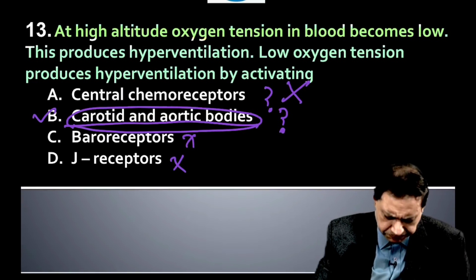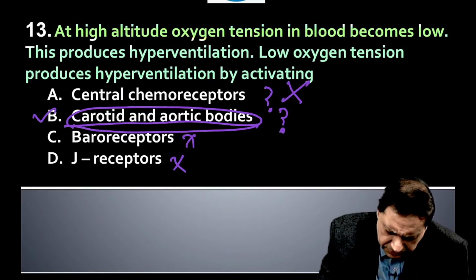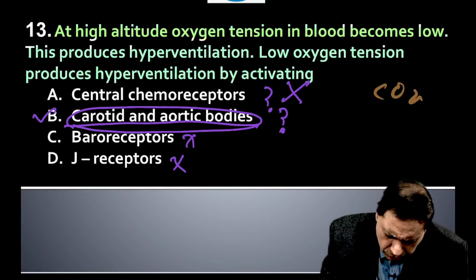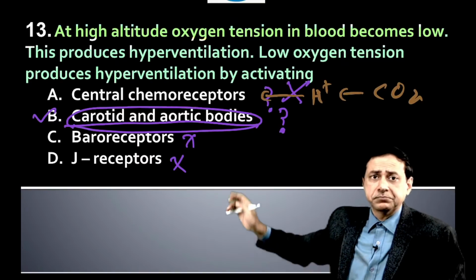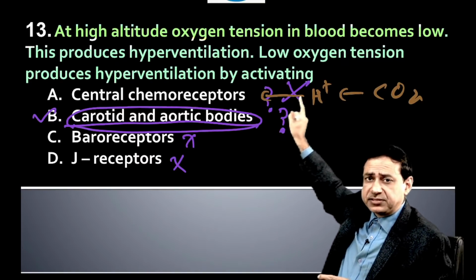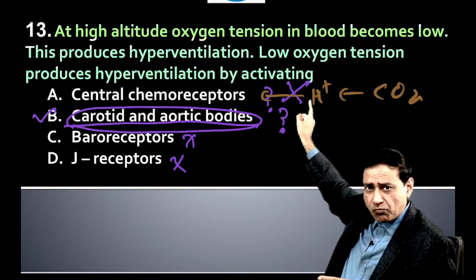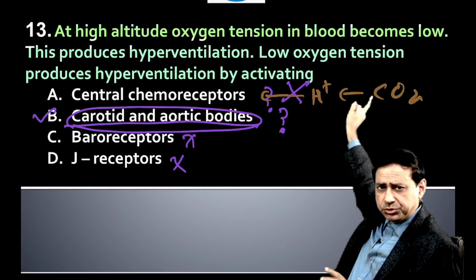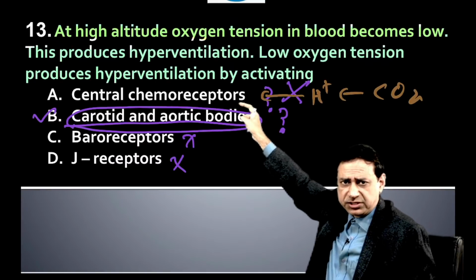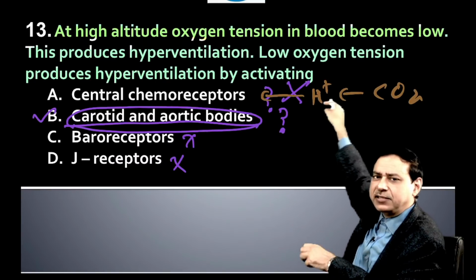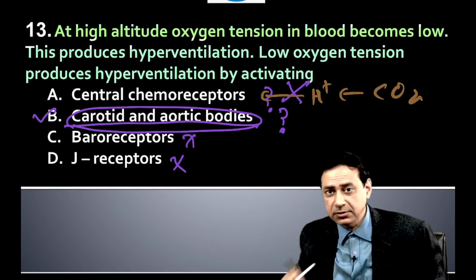Central chemoreceptors will sense CO2 and H+. CO2 will be converted into H+. The direct stimulus is H+, otherwise indirectly it can sense CO2, not oxygen.